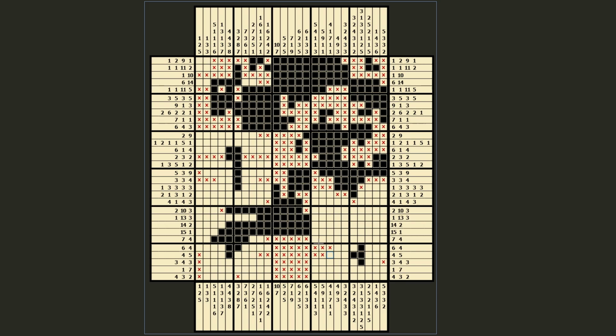Alright. So 1, 6, 2, 4, 2. Has to be here. Is there a space? Yeah. 7. 7 only extends up to here. 2, 7. There's space for the 2 there.